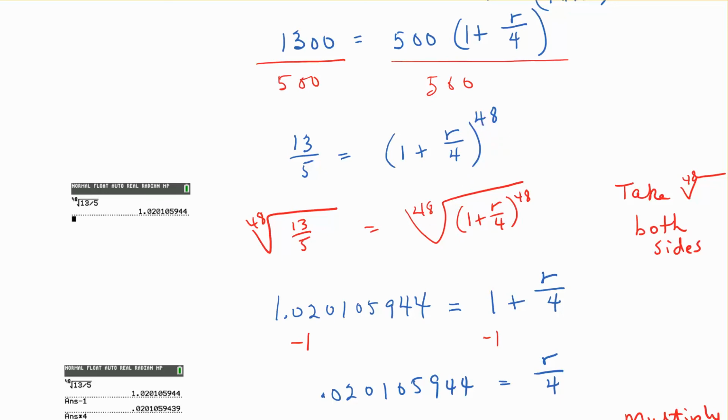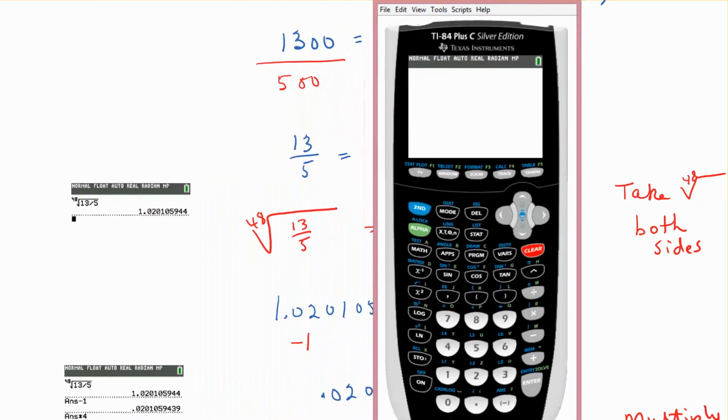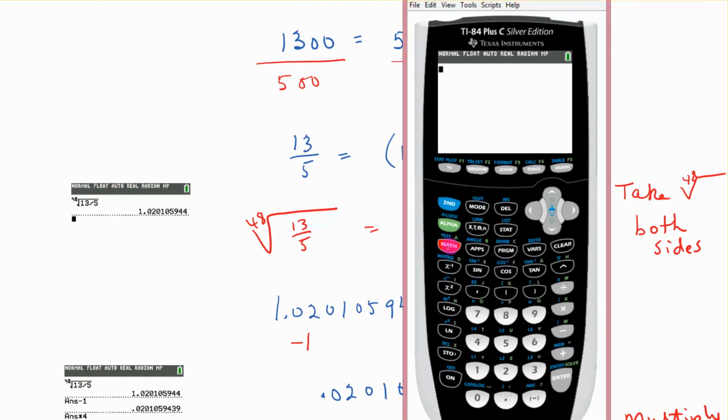Now on your calculator, let's clear this. Because you need that to be able to do that for the left side over here. So if we go to math, and we have number 5, the nth root of anything. So let's hit 48, then hit math, and hit number 5.